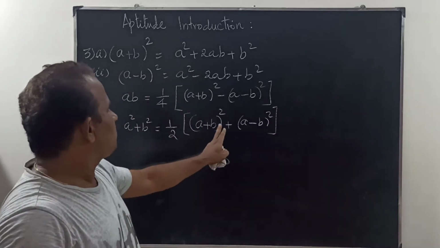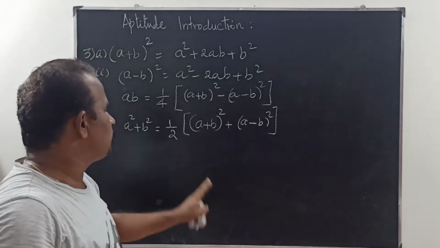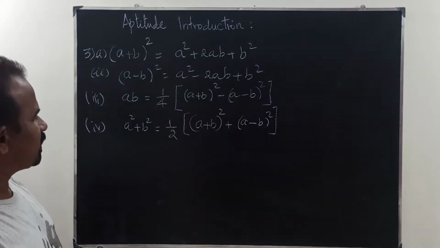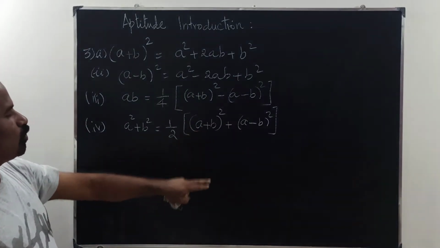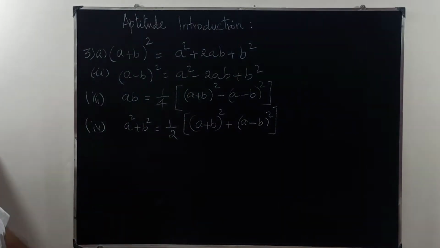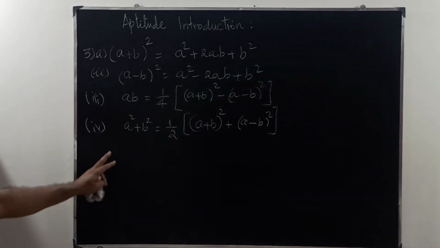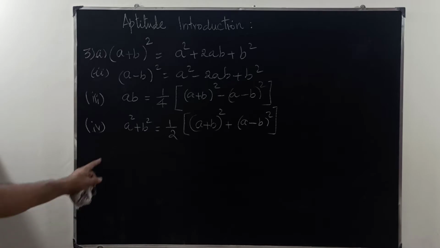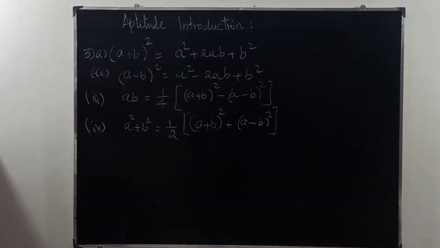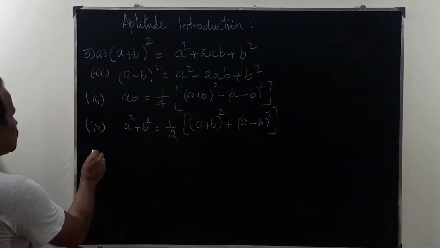So here is a square plus b square, and minus 2ab plus 2ab will be cancelled. So therefore you will be getting 2 times a square plus 2 times b square. If you take out 2, then 2 times (a square plus b square) is equal to this. So this is also important.